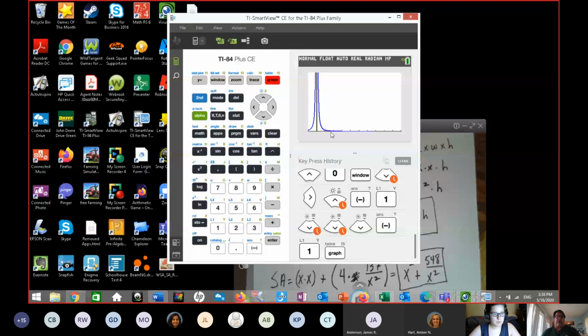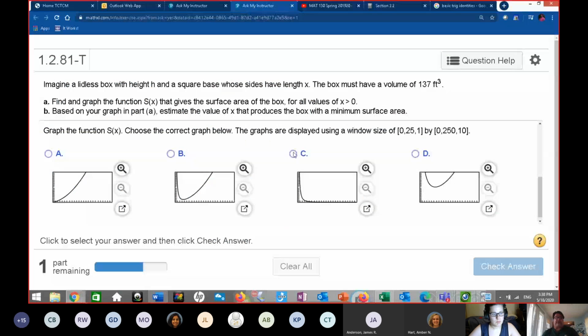And what they're looking for is the minimum, but I don't know. Let's see what they're asking. I really don't know what they're asking. Probably looks like C. I think that's all they're going to ask. No. Well, I don't have any idea what it is then. Oh, wait a minute. They're giving you the window size 0 to 25 and 0 to 250.